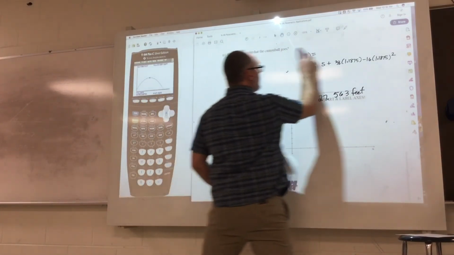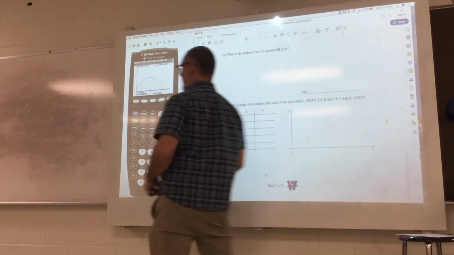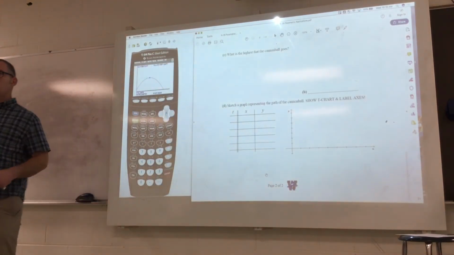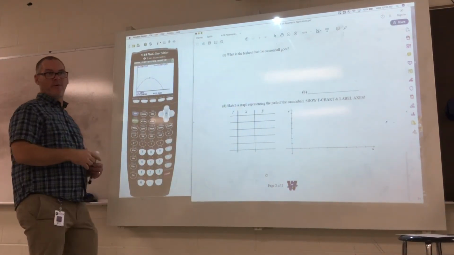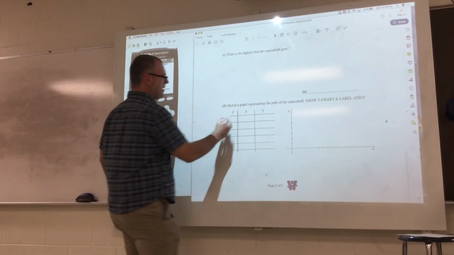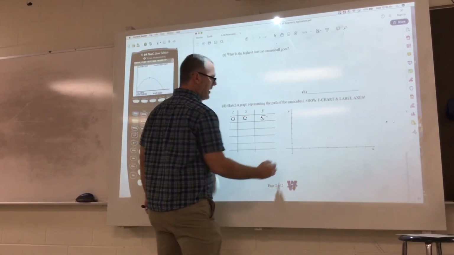It's all about using your horizontal and vertical equations to find the time. And once you know the time, you use the time in the horizontal and vertical equations. All right, so t equals 0, the x was 0, the y was 5.